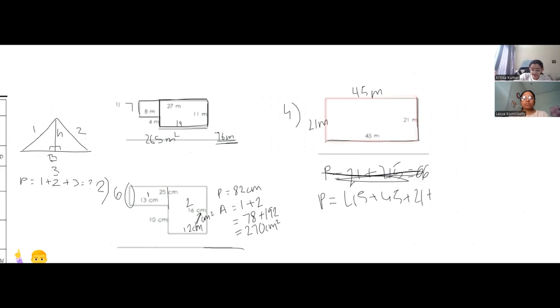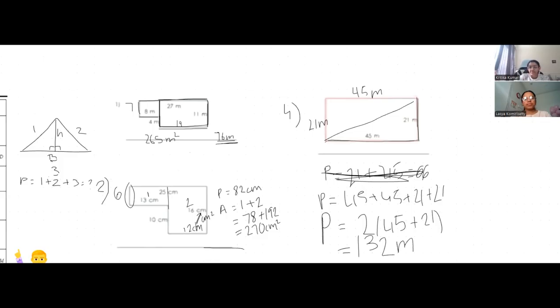But another way, which I find easier, is 2 times 45 plus 21, because 45 plus 21, as we said, was the perimeter of half of the rectangle. And if we just double it, shouldn't we get the whole rectangle? So I find this way easier. This would just be 66 times 2, which will be 132 meters.